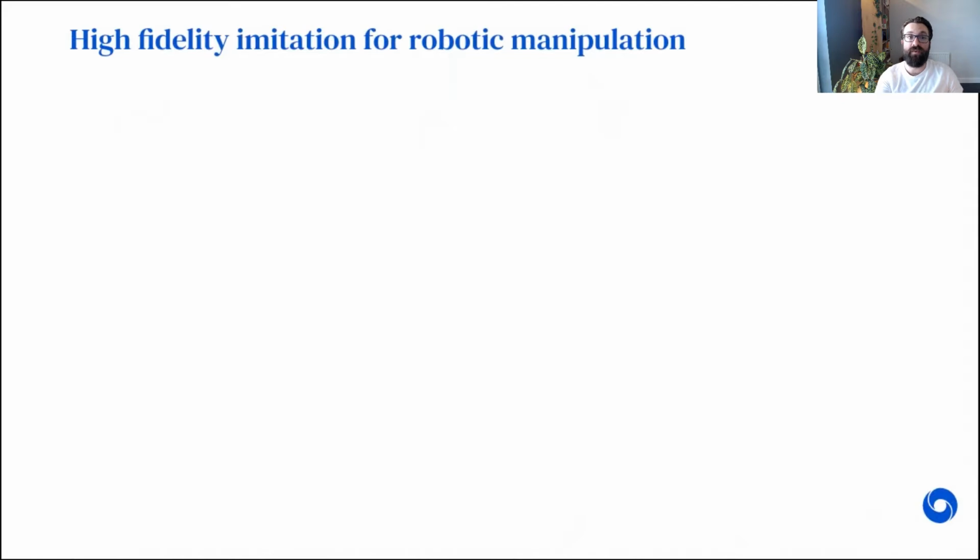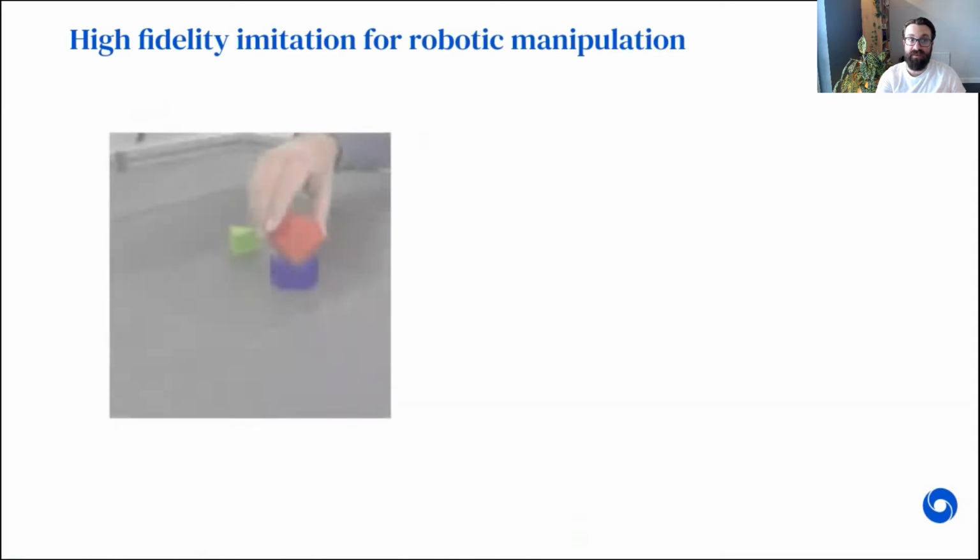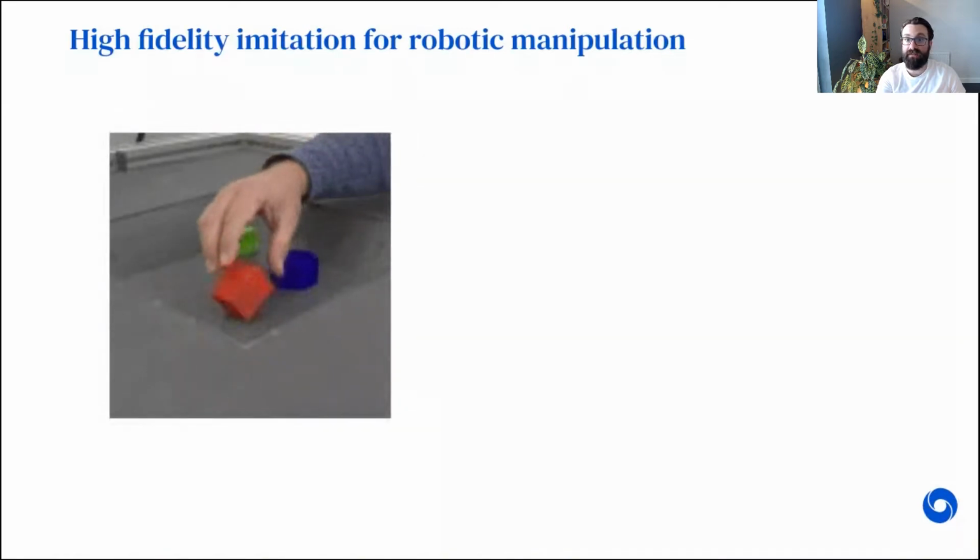Let's make this more concrete. What we want to do is equip our robots with the ability of third-person imitation, specifically cross-embodiment third-person imitation. As an example, what I'm showing here is somebody in the lab using their hand to stack a red object on top of a blue object.